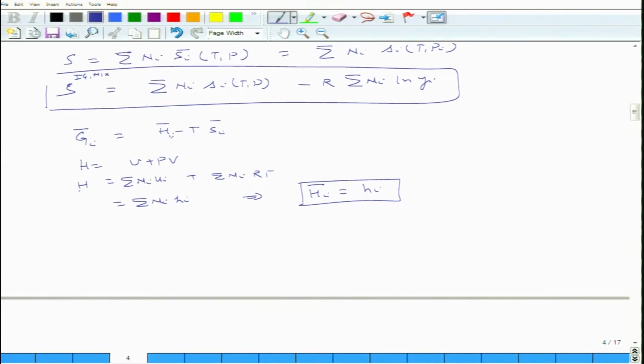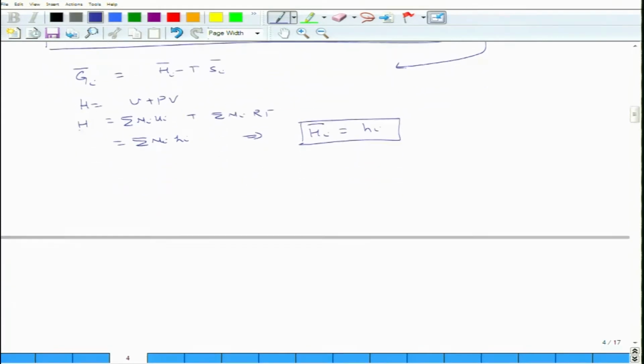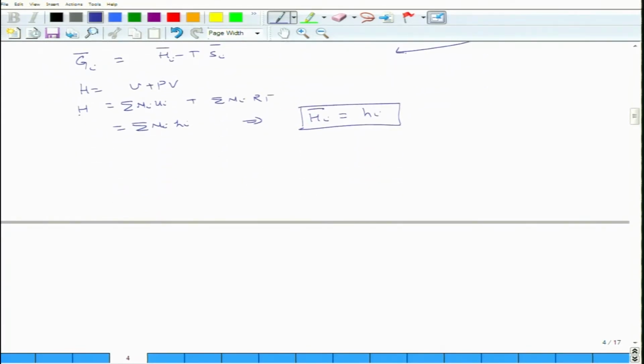Okay, you can replace Hi bar in the G expression by small hi. Now, this Si bar, the partial molar property of entropy, can be replaced by this expression. Okay. So, this is what we are going to do in order to get Gi bar. So, let me just plug in these values.